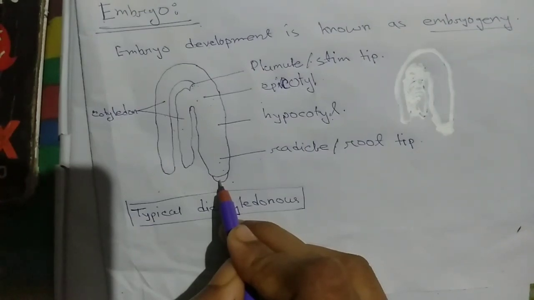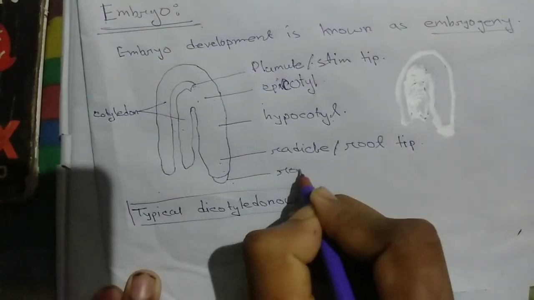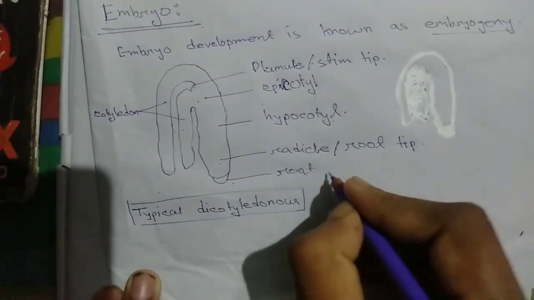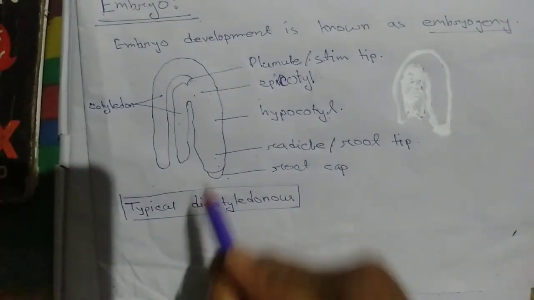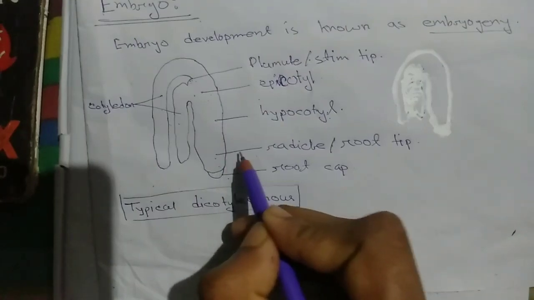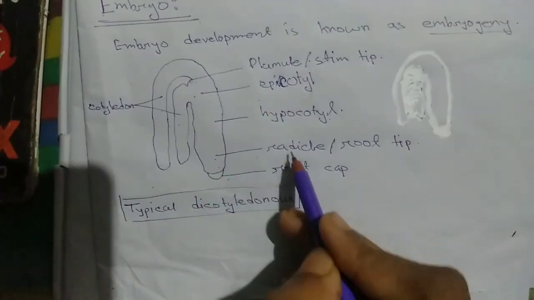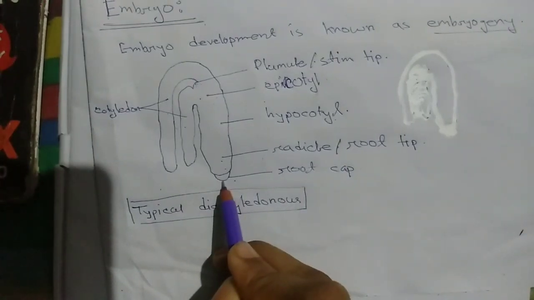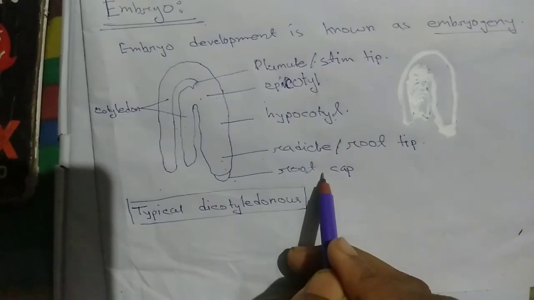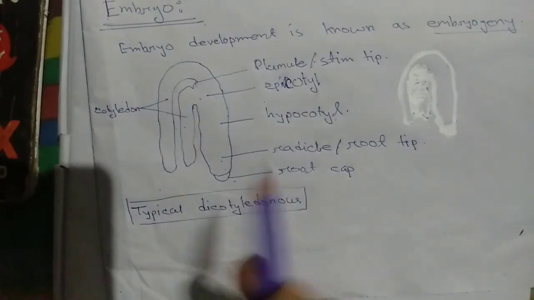This is known as the root cap. The root cap stays on the root tip. This is the root tip or radicle, and at the lower end of the radicle, the root cap is present. This is very simple.